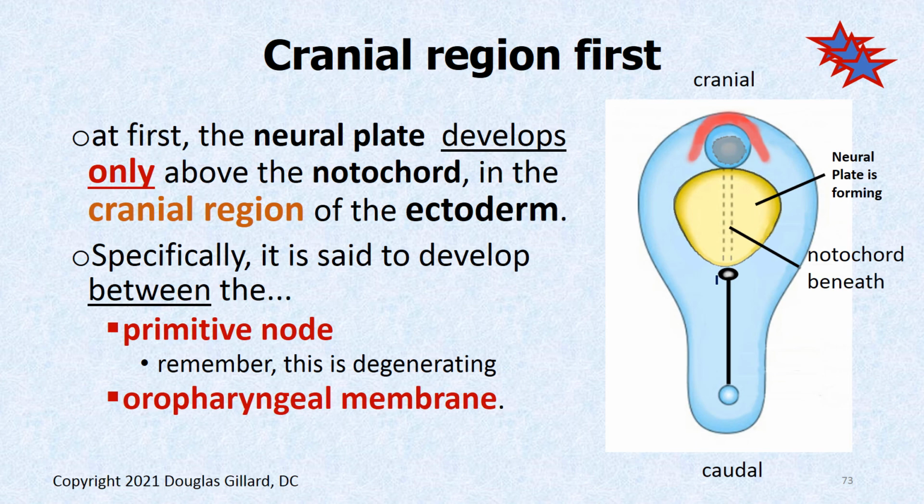And there's the primitive node kind of behind it. Now this primitive streak here is going to start shrinking. As it shrinks, the notochord is going to grow longer, but so is the neural plate. The neural plate is going to look like a key-like structure pretty soon. You can say this neural plate is between the primitive node and the oropharyngeal membrane.